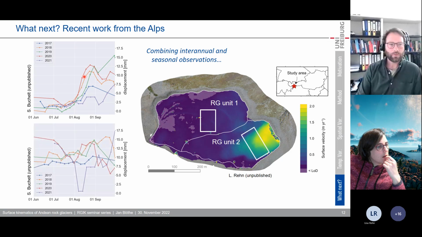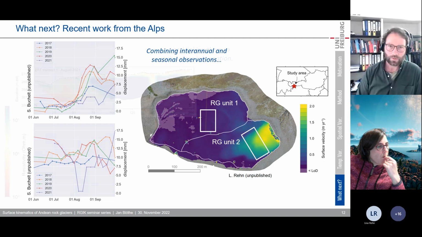And if we compare that to the same data set that Sebastian was computing for the second part of this rock glacier, we see there's much less seasonality in this faster moving part.